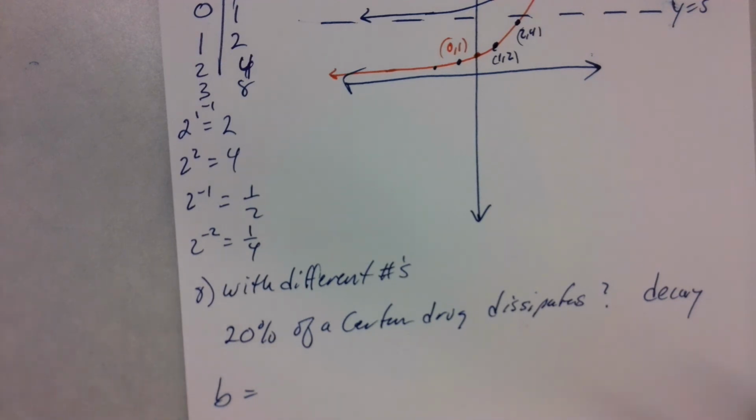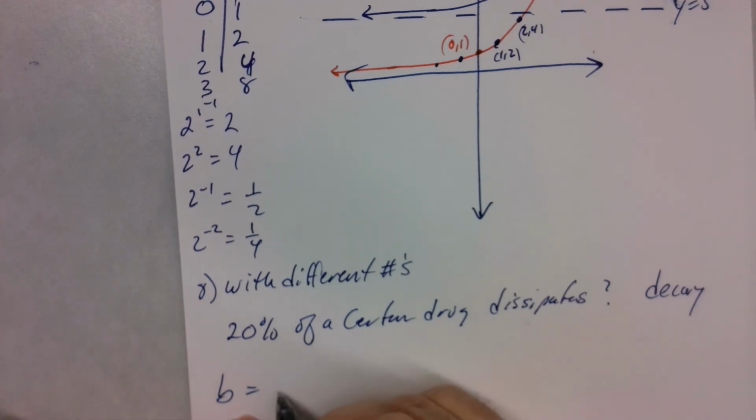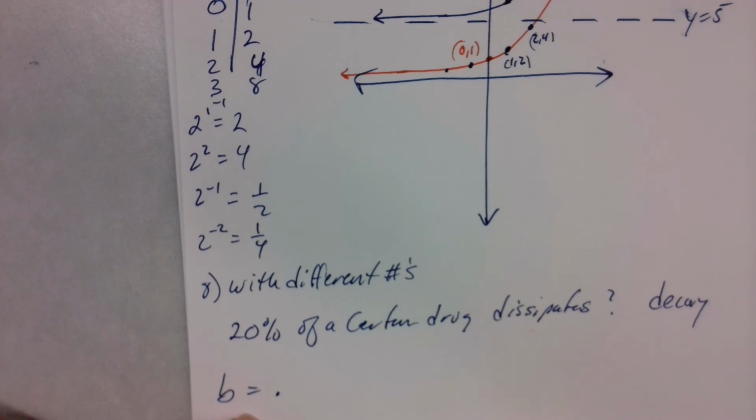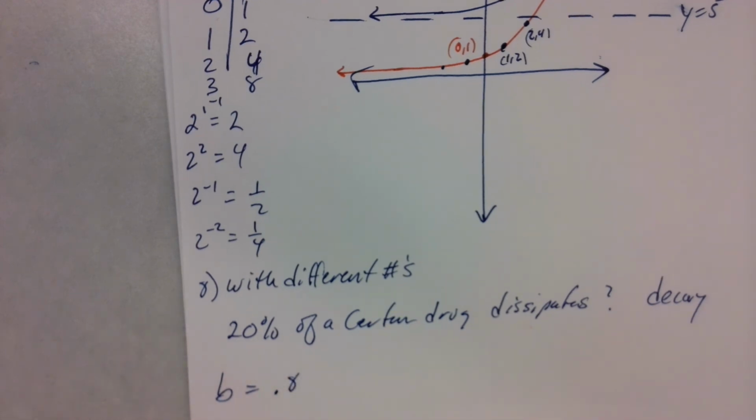So I'm going to decay by 1/5, but I need to know how much is still there. It's the 4/5, which is 0.8. 0.8 is left.